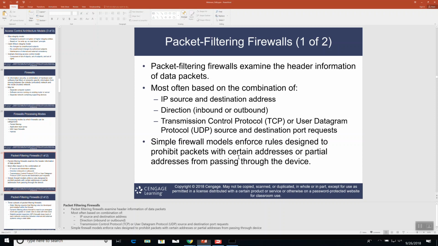AOL blacklisted us at one point and said we couldn't email AOL addresses anymore because we're spammers. And what have a lot of places done with blocking IP addresses for Russia? They've identified the ranges used for spam and blocked that entire range, so you can't have anything come in from there.